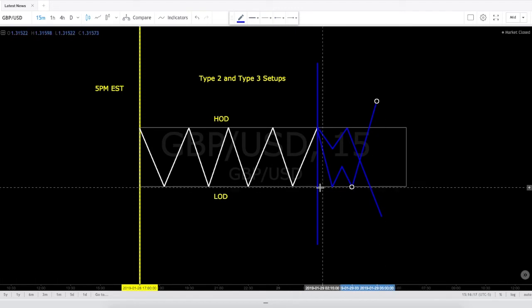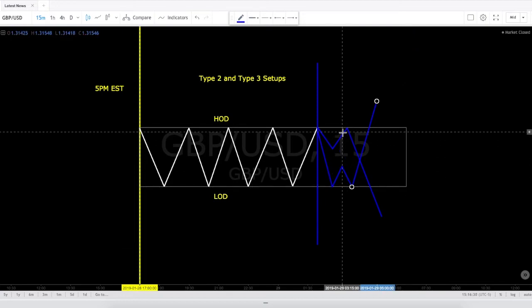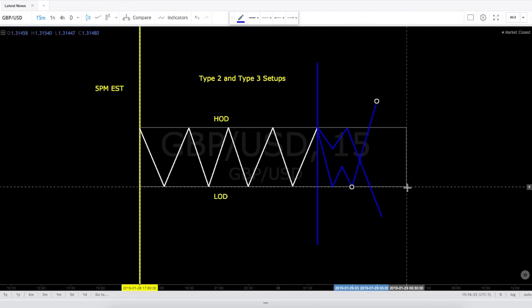Okay, so this particular trading zone lasts up until 6:30. And so what we're looking for, obviously, is an M or W to form between that time. Okay, that's going to be the best time for it to form.